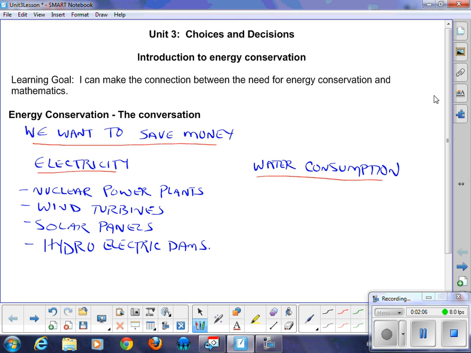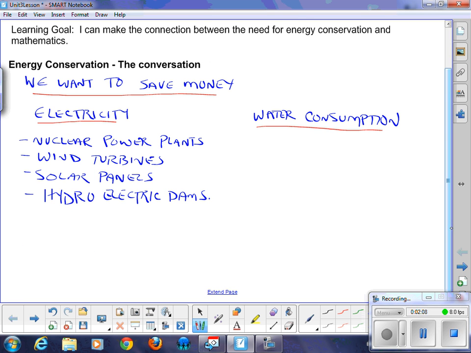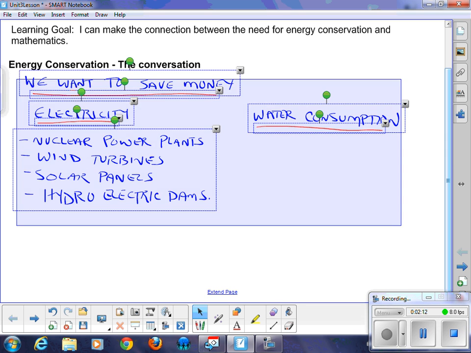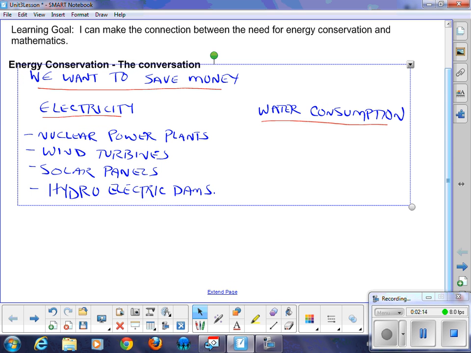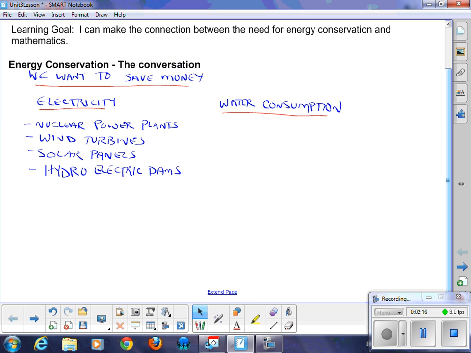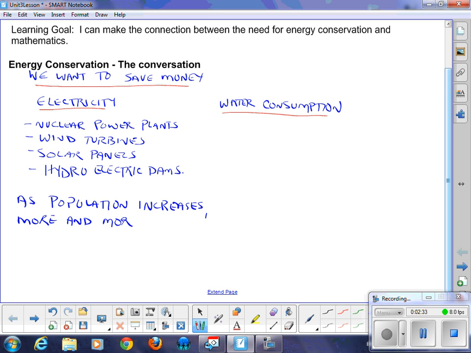So what is the reason that we're having this conversation? Our population is growing, and our energy consumption is growing accordingly. As population increases, more and more energy and electricity is required.